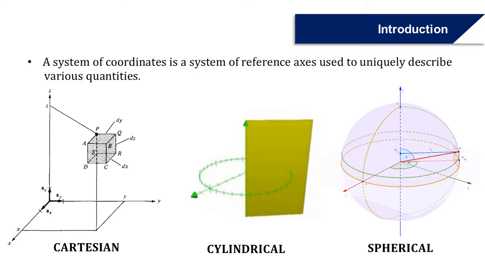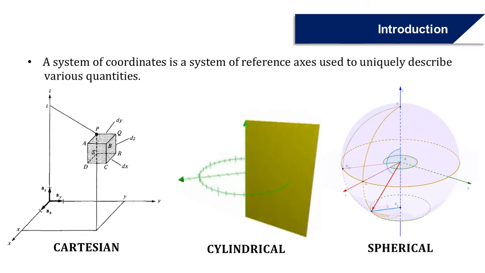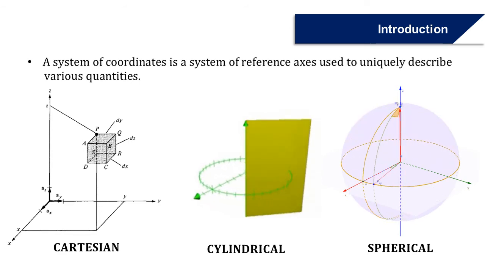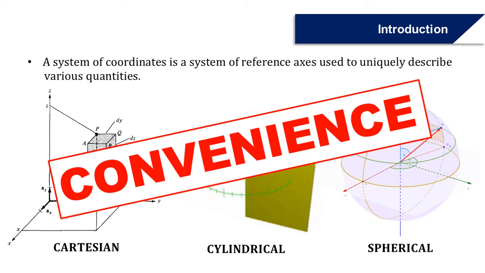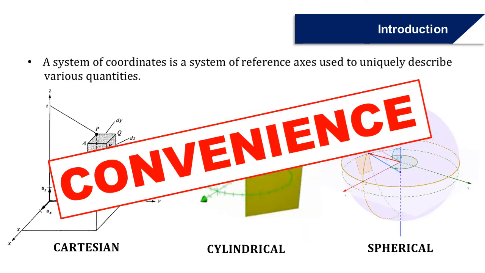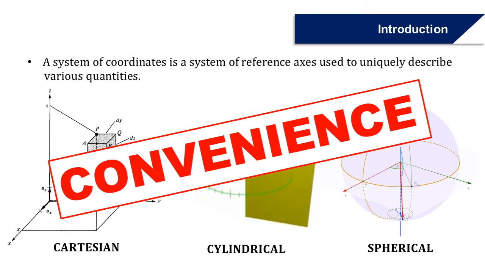It is used to describe various quantities, katulad na lang ng mga vector quantities. Again, main point kung bakit tayo gumagamit ng system of coordinates is convenience and practicality sa pag-solve ng mga problems sa mathematics.